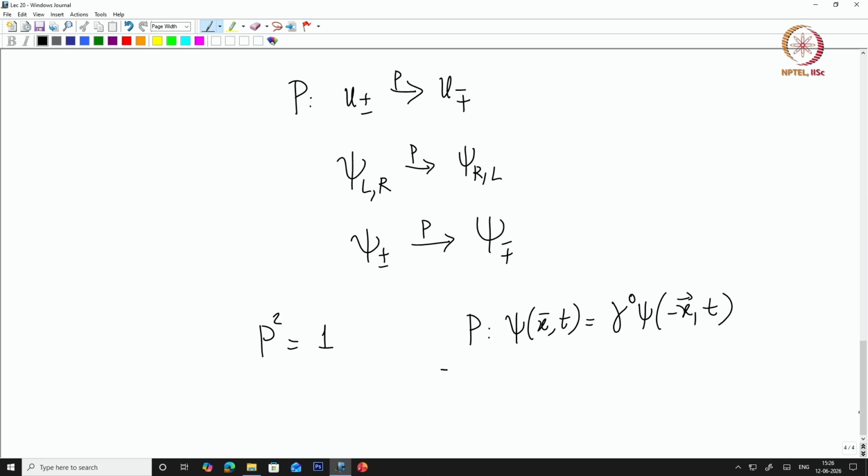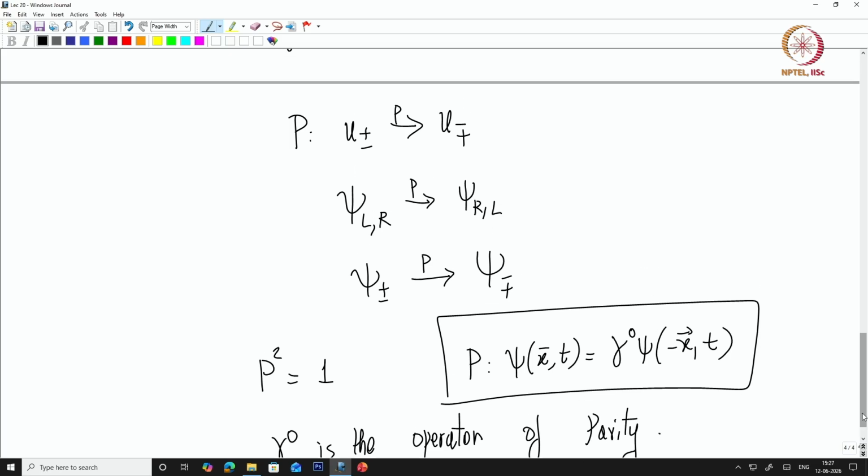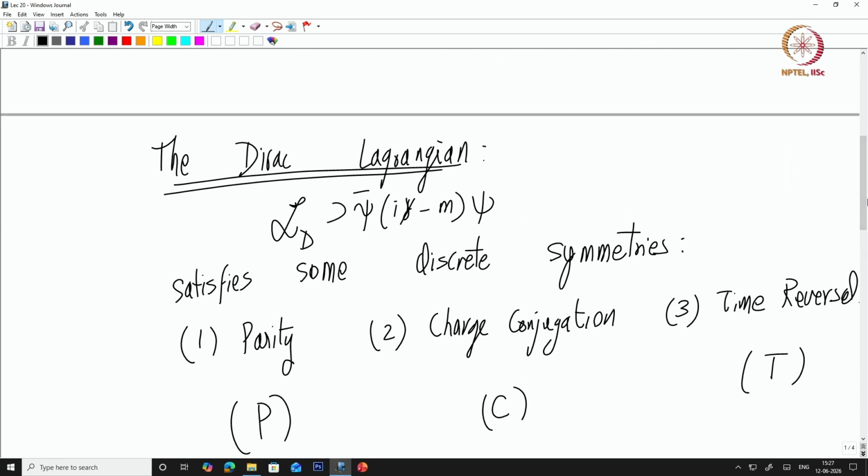So, gamma 0 is essentially the operator of parity, the representation of parity. But what we said is that the Dirac Lagrangian is invariant under parity. You can check that, it doesn't matter essentially.